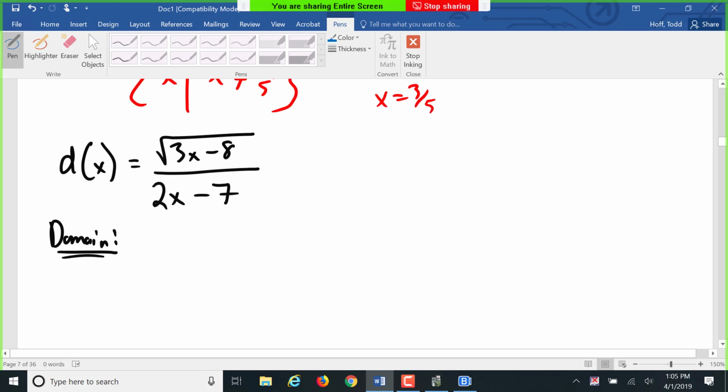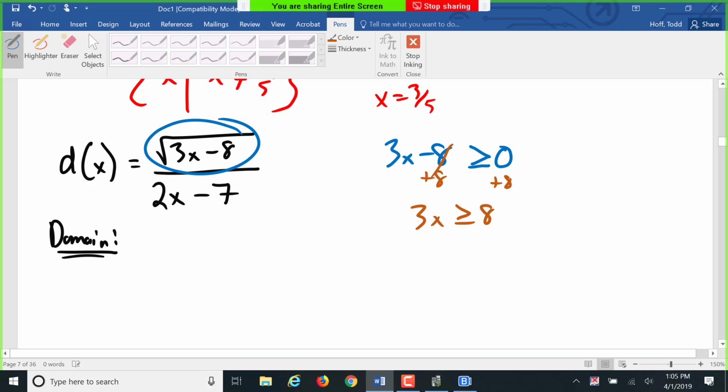Actually, two pieces to consider on this one. Since there's a square root up there, 3x minus 8 has to be greater than or equal to 0. So we could add 8 to both sides: 3x is greater than or equal to 8, and divide by 3. x is greater than or equal to 8/3, or 2 2/3.